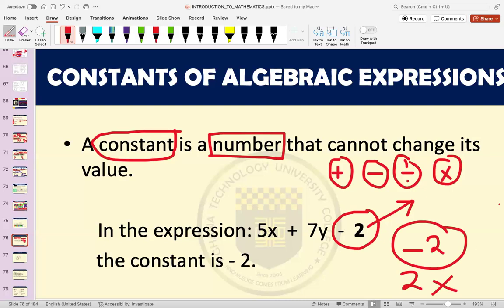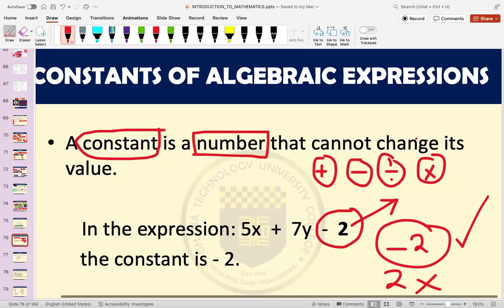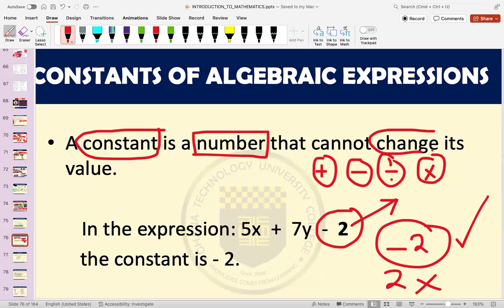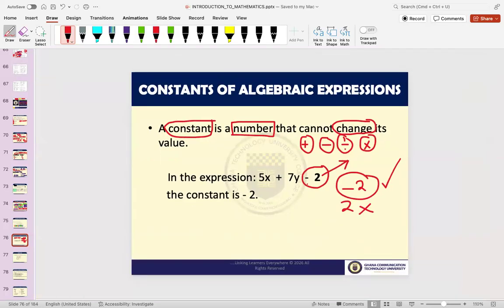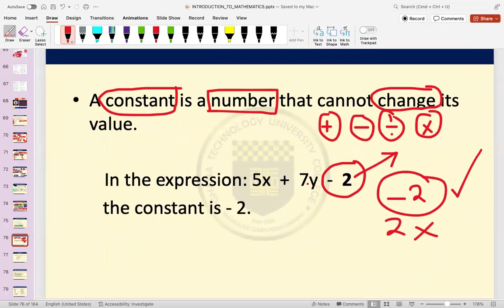The sign will have to follow it as you move it out, because the constant never changes. It's the same wherever you move it. So anytime you see constants in algebraic expressions, carry the sign in front of it with a constant. Don't leave the sign behind.